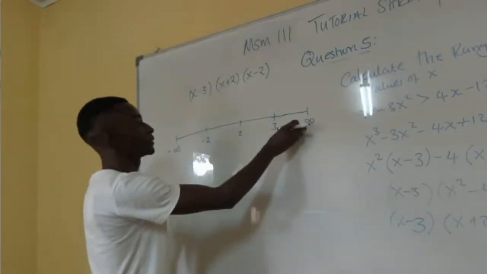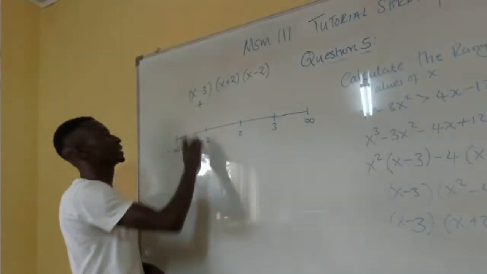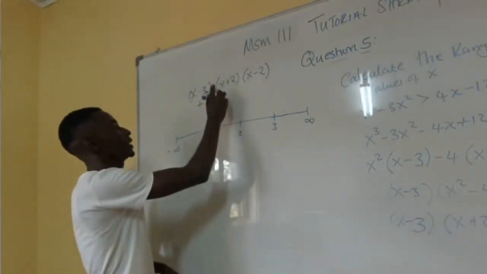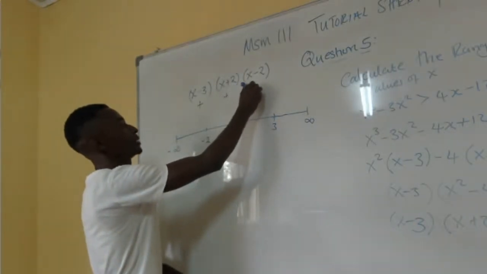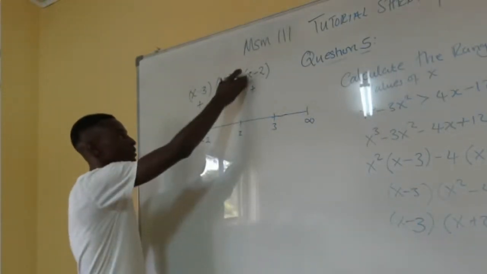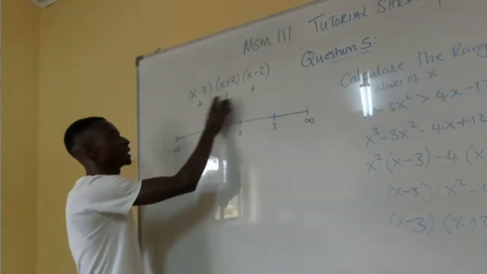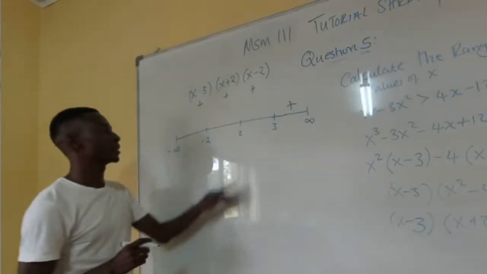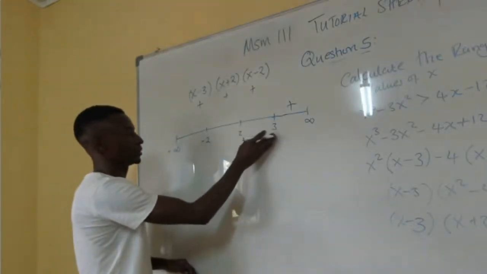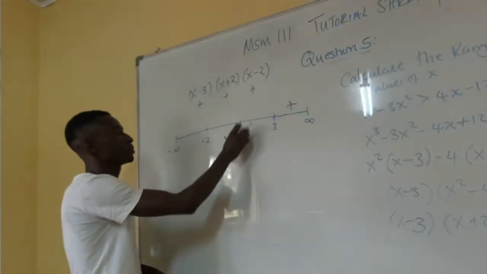So now you start testing the values. So here if we pick 4, we substitute there. We are having a positive, positive, positive, like we substitute 4 where there's x. So if you multiply the positives, there we're getting what? Positive. So we pick any value in between. So let's pick 2.5 here.